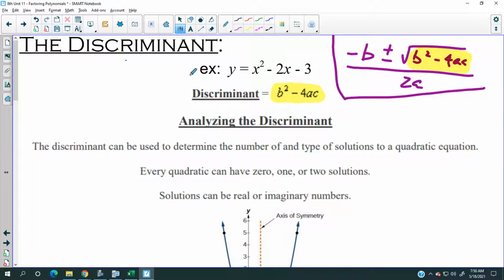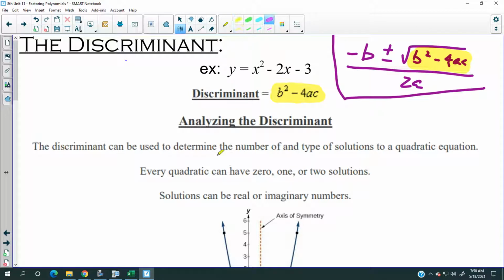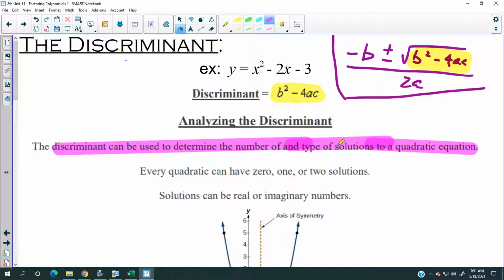A discriminant tells us a few things, okay? A discriminant can be used to determine the number and the type of solutions to a quadratic equation. Meaning, every quadratic equation has 0, 1, or 2 solutions, right?